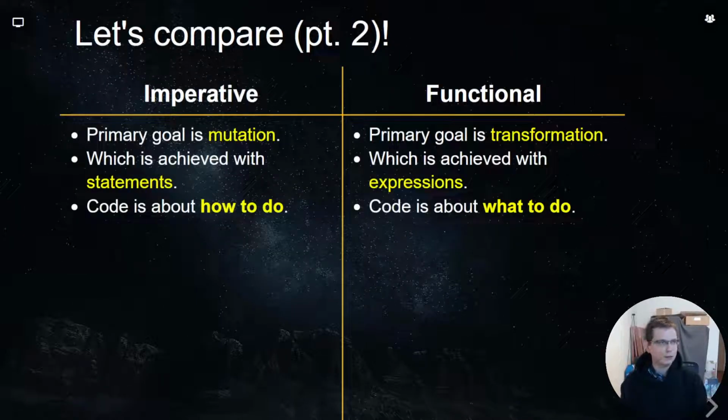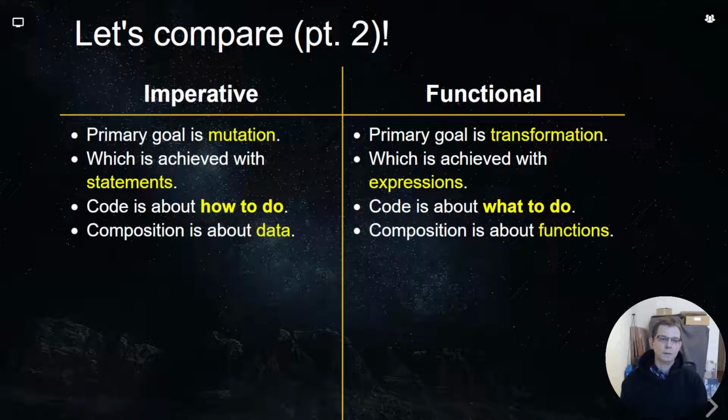So we've seen these three. And continuing, basically, composition in the imperative paradigm is about data. So, it's either via inheritance or more preferably by composition, where you put objects or data structures within other data structures.